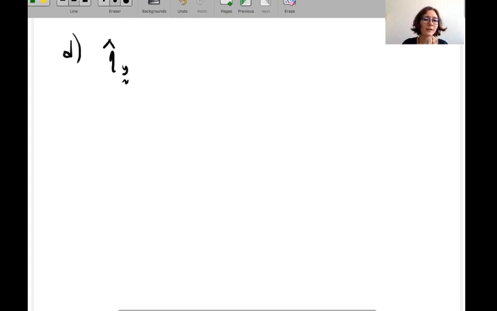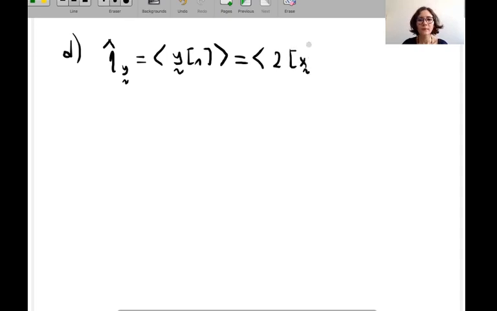So in the first part, let's see the time average estimate for the mean of y. So y of n, this is 2x of n minus 1.